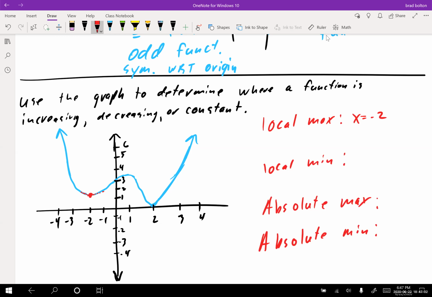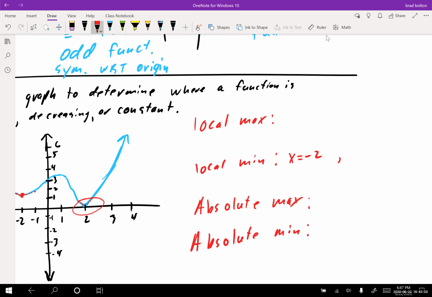Sorry, that's not a local max. That's a local min at x equals -2. Now, that also means right here, if I look to the left and to the right, all those points in that neighborhood will be higher than when I use x equals 2. So then I'll say x equals 2 is also a local min.